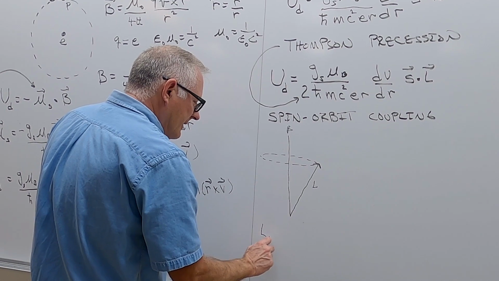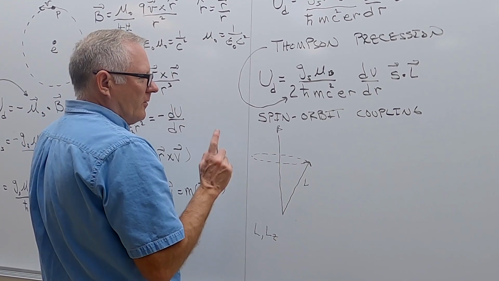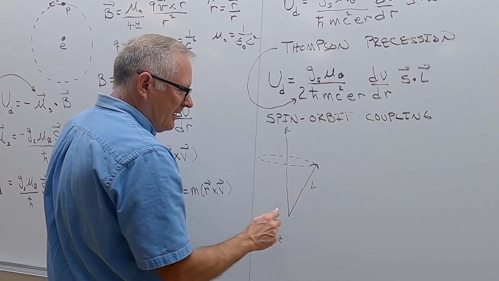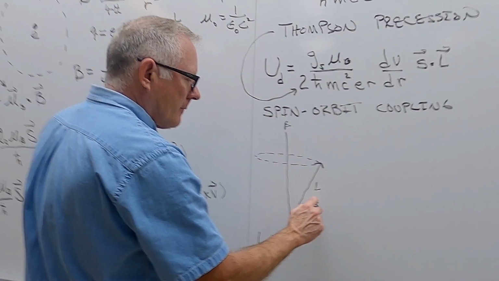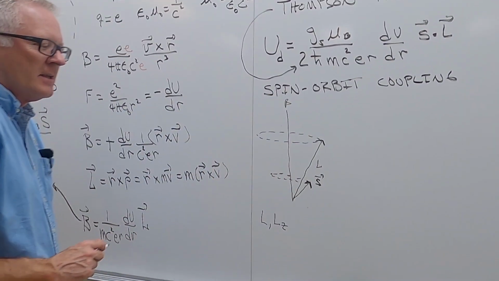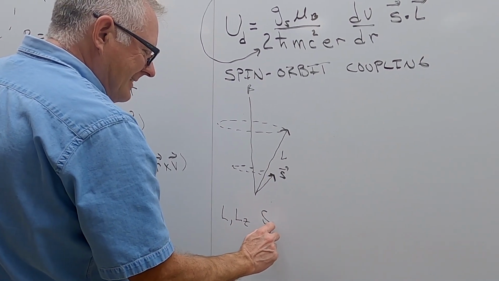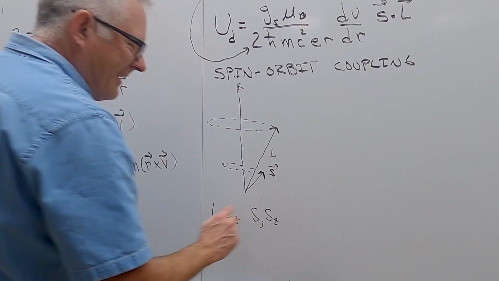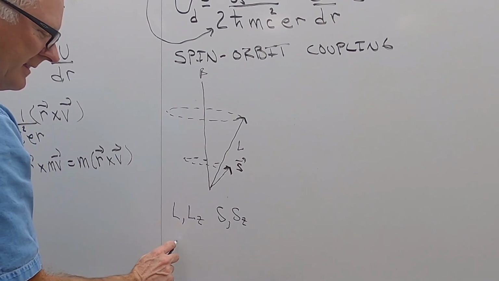So L and L sub z were constants. Also, with the spin, we had say some S, and S was also orbiting around, and so the magnitude of S and the z component were also nice constants right there.